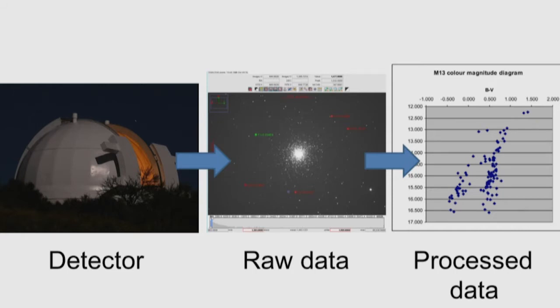Your raw data comes in the form of images, and here's an image of a globular cluster, and what you're going to be doing is analysing individual stars within that image, categorising them according to luminosity, colour, brightness, and plotting those parameters against each other to come up with a processed data product, which is this colour magnitude diagram for your cluster. And from that you can infer things such as the age of the cluster, the distance, those kind of things, again helping to map out where those clusters are within the galaxy.